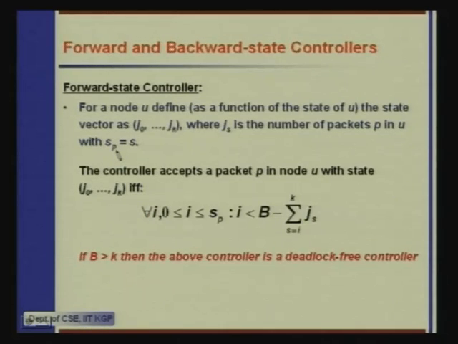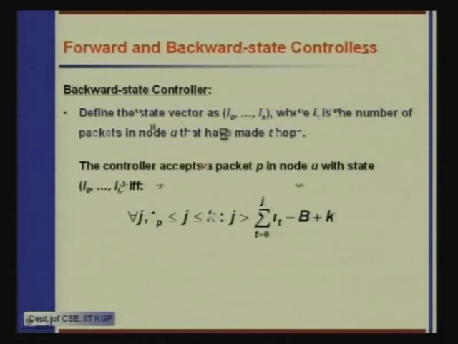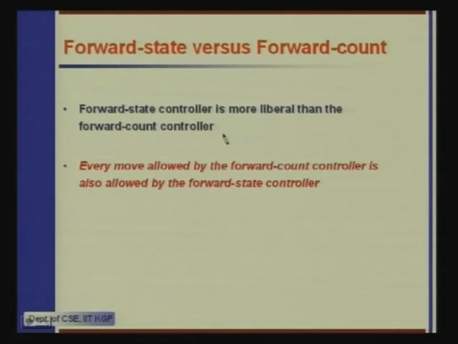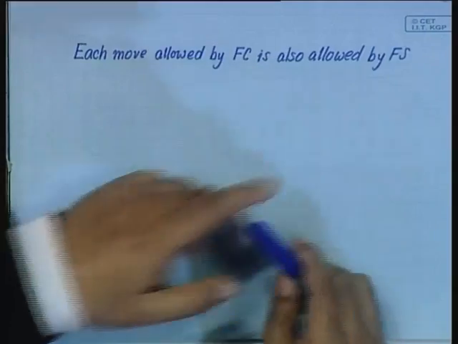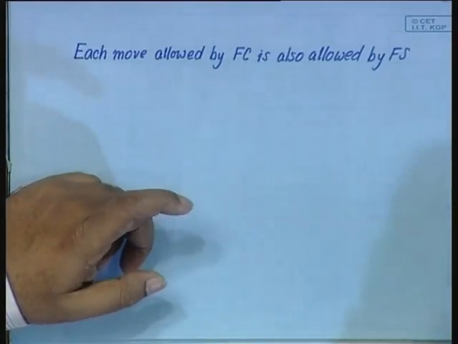SP is the number of hops that P still has to go. So, your JS is the number of packets which still have S number of hops to go. Clear? Okay. Now, let us come to the proof of the fact that every move allowed by FC is also allowed by FS.